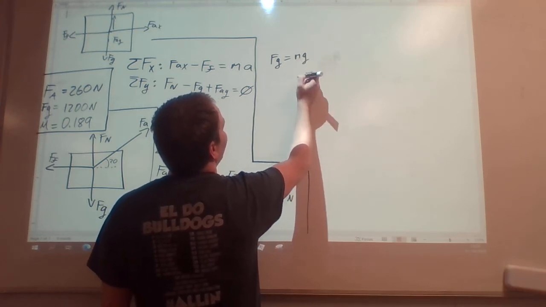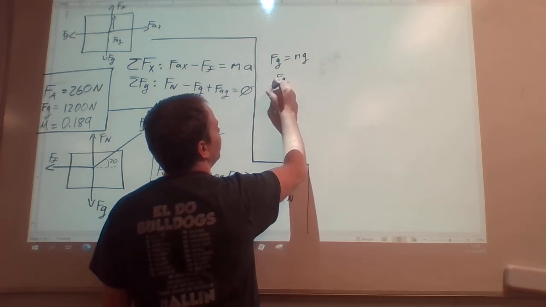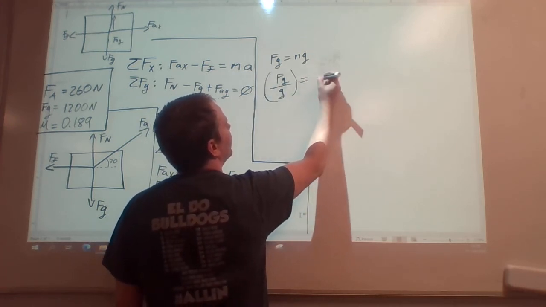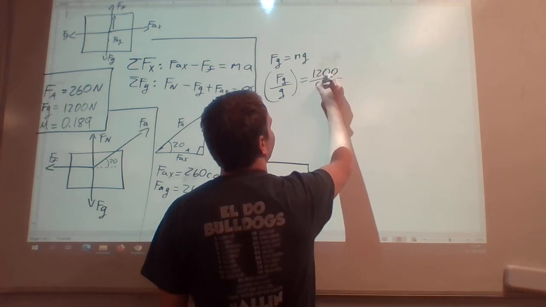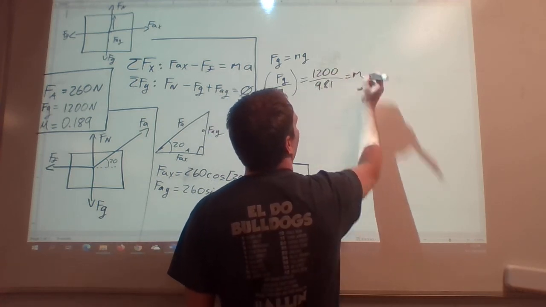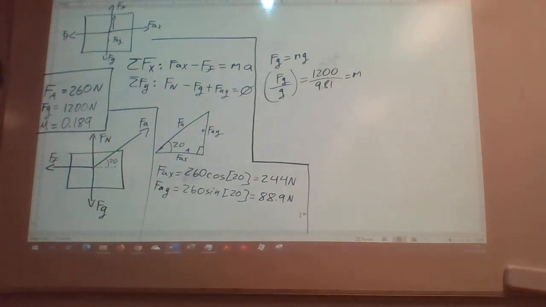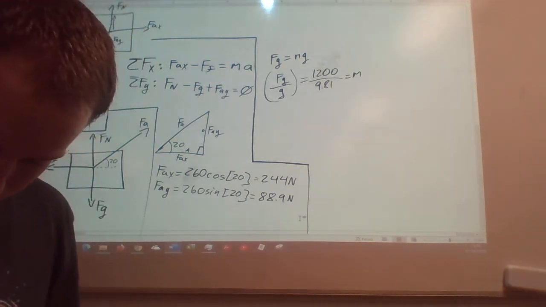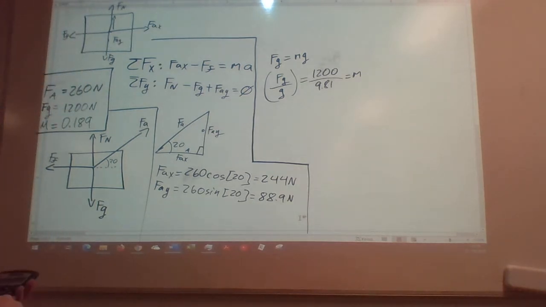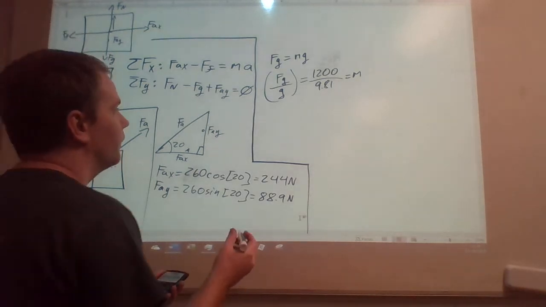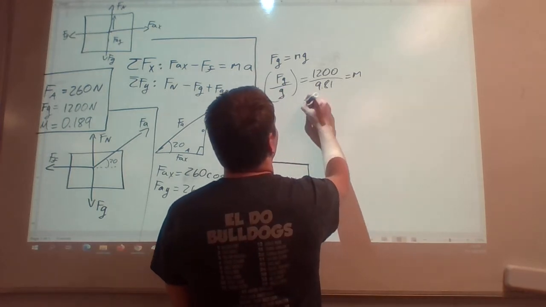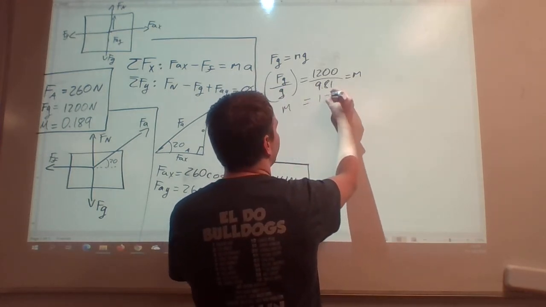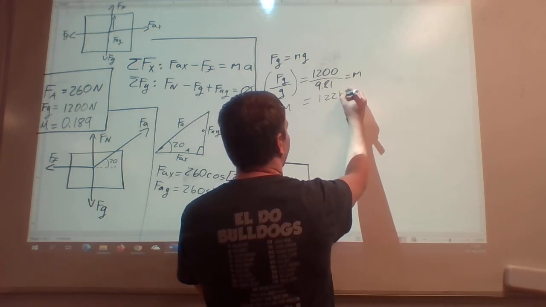So then we know that M is equal to FG divided by G. So 1200 divided by 9.81 would give us our mass, which is going to be just a little bit more than 120. So that's going to give us a mass of 122 kilograms.